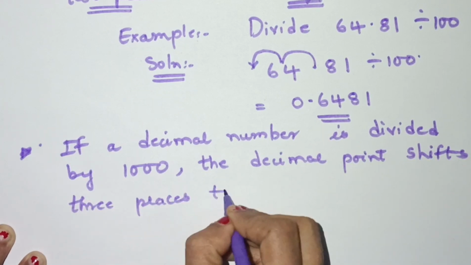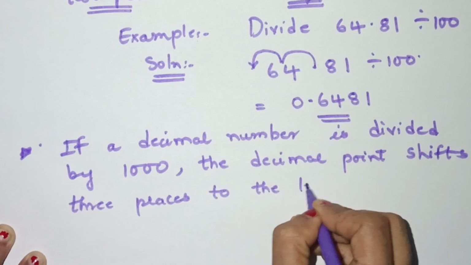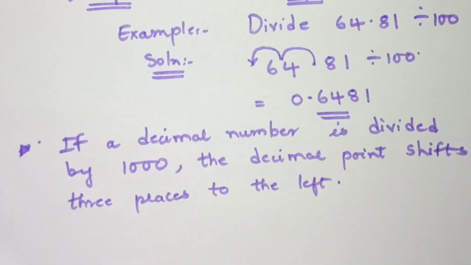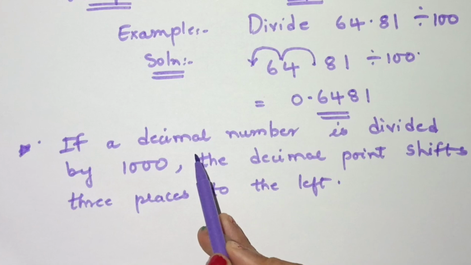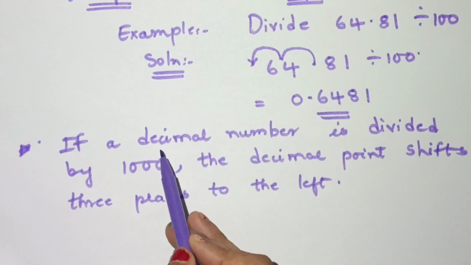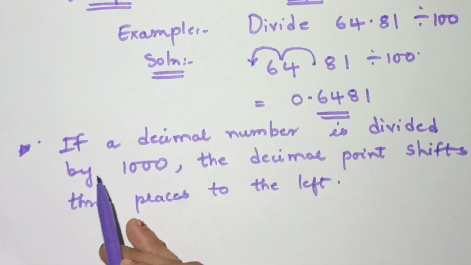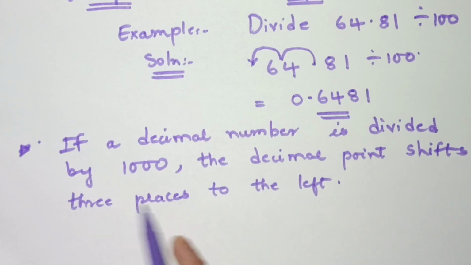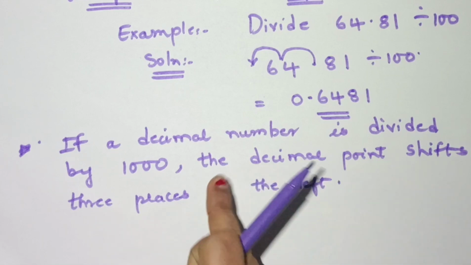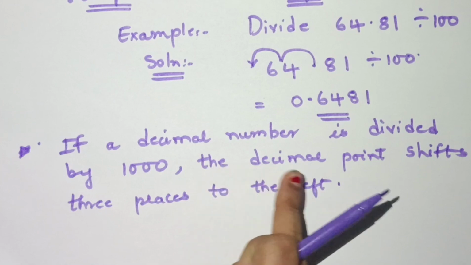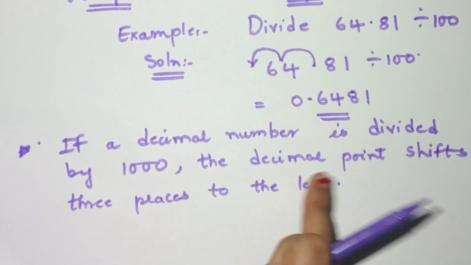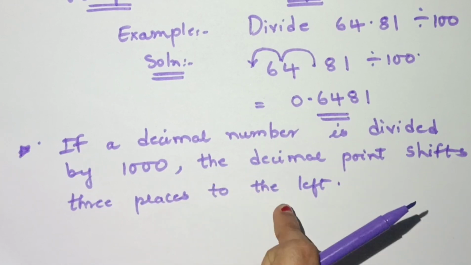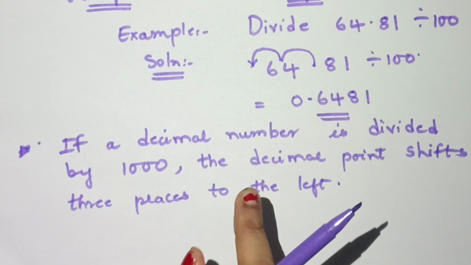Three places to the left. In multiplication of decimals, what did we learn? If a decimal is multiplied by 1000, the decimal point shifts three places to the right. Now here the decimal number is divided by 1000, so the decimal point shifts three places to the left.